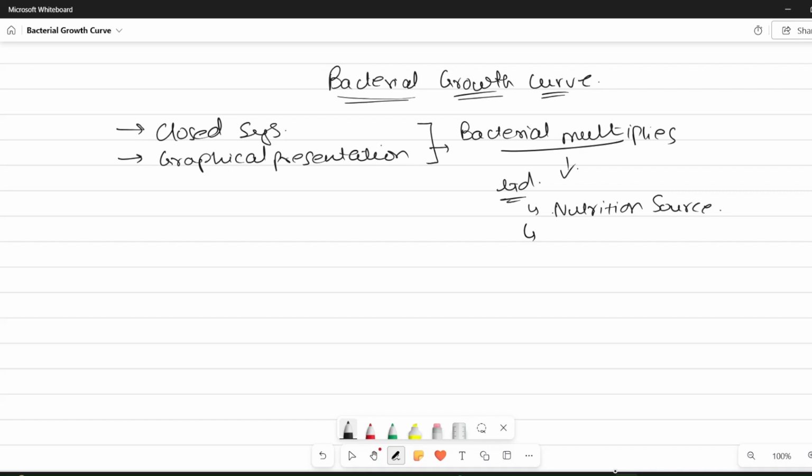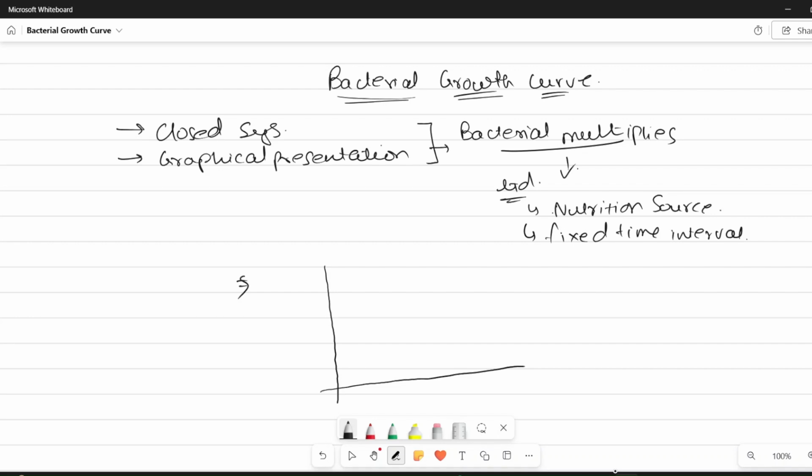Second, fixed time interval. So under these circumstances, the bacteria represents its growth in this pattern, which can be presented in a graphical form.